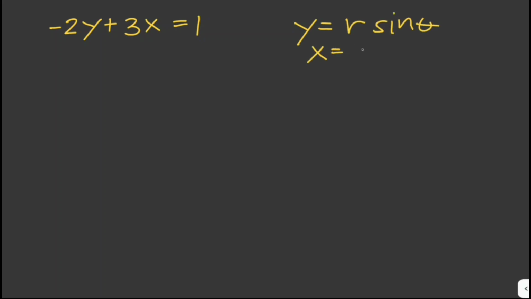Okay, what if we're given this equation, negative 2y plus 3x equals 1. Again, we know that y is equal to r sine theta and x is equal to r cosine theta, and we just plug in these values to the equation.